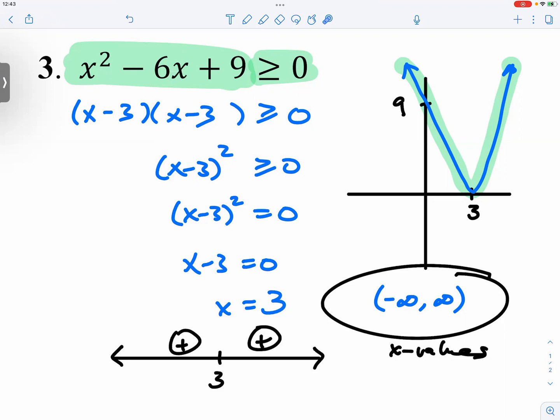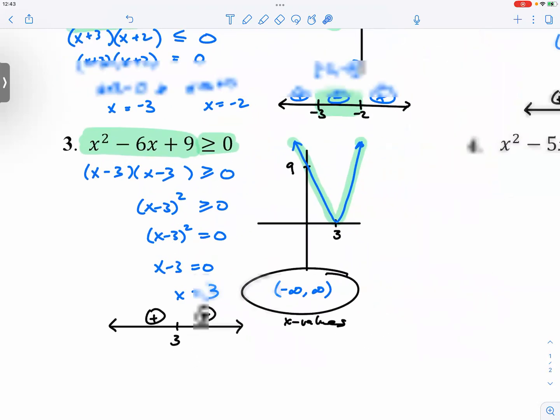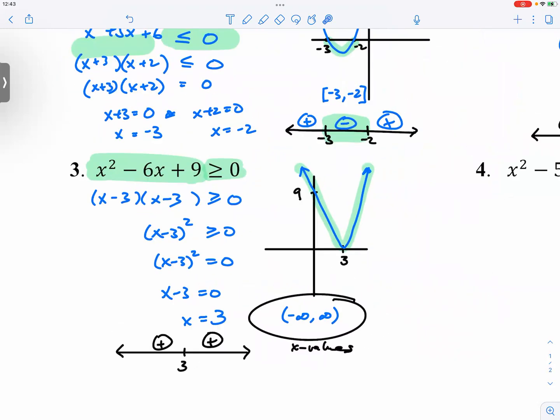Okay. So if you don't believe it, you can just pick any value, like maybe negative 10. You say negative 10 minus 3, it's negative 13, and you square that, you have a positive value. So that's how we realize that it is valid.